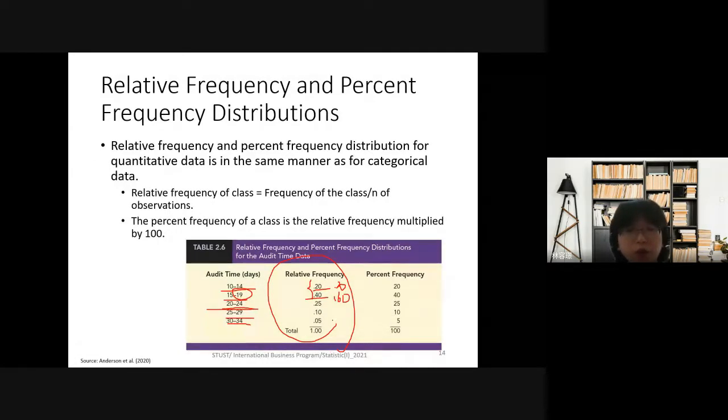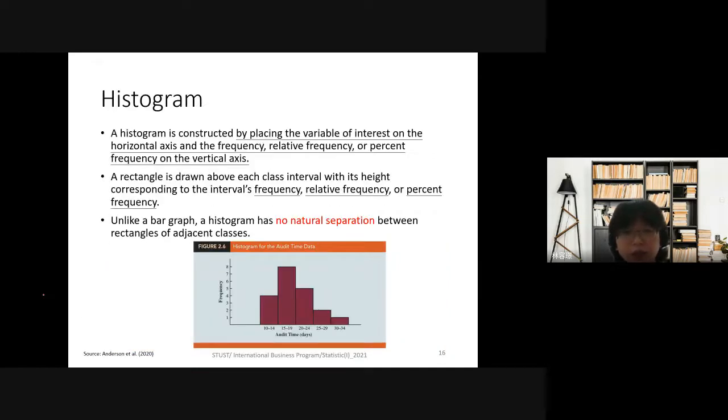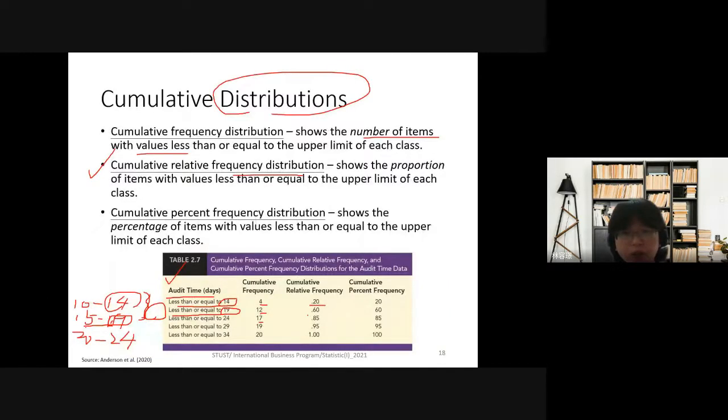Less than 24 is 0.85. Less than 29 is 0.95. And less than 34 is 1.00. So you will find 0.20, 0.60, 0.85, 0.95, and the last is 1. The total is 1.